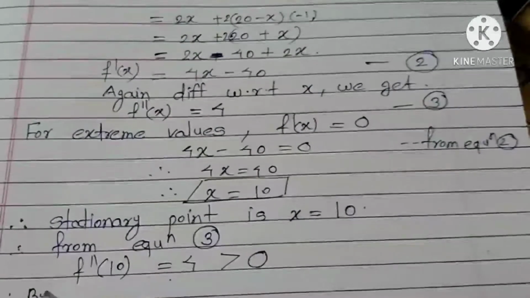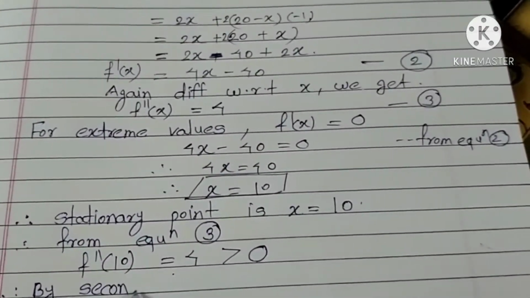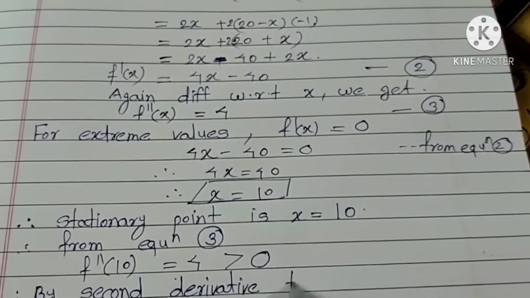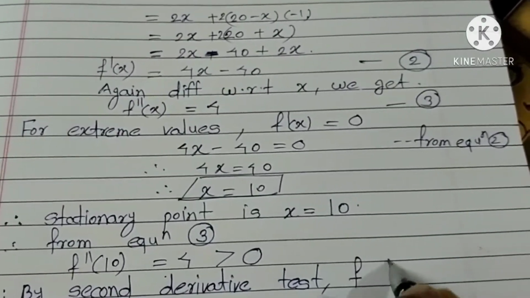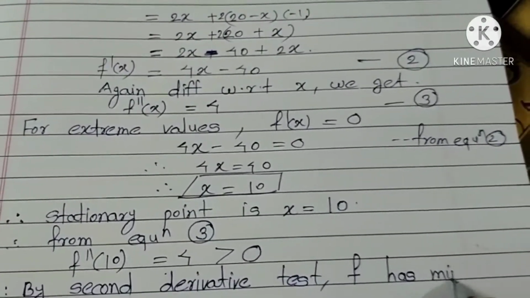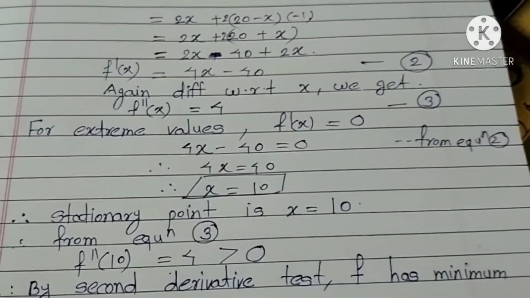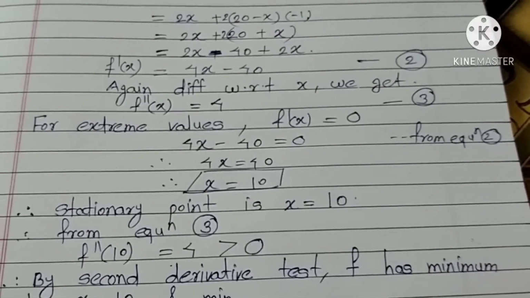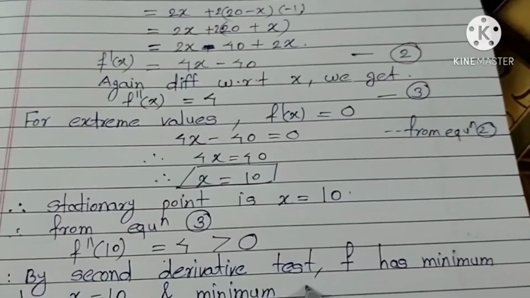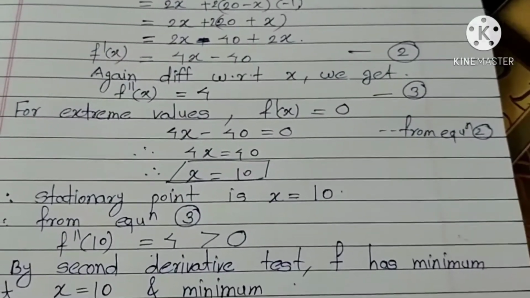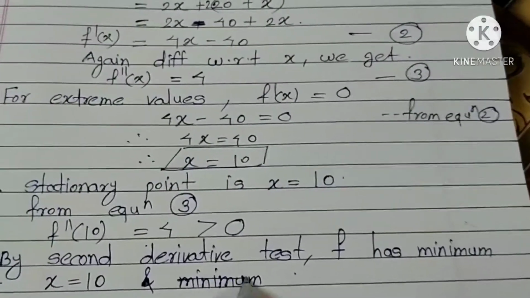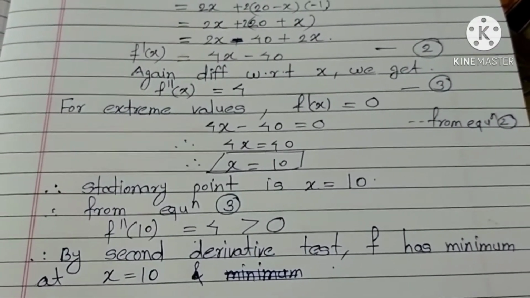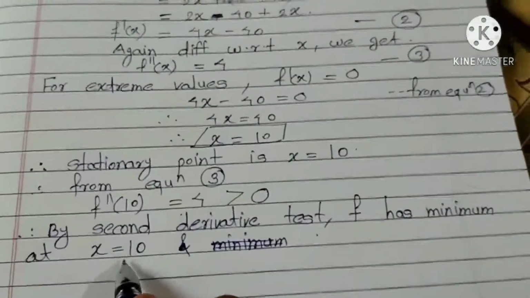Therefore by the second derivative test, f has a minimum at x equal to 10. Sorry, here we don't find the minimum value. So here by the second derivative test, f has a minimum at x equal to 10. So we get the first part.